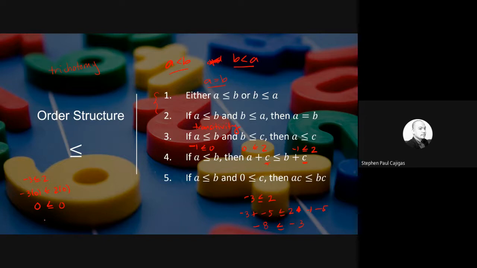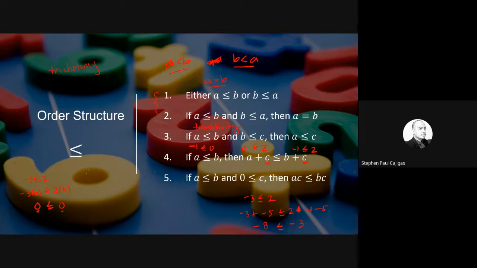If you remember the fundamental concepts of mathematics, when you have the or, it is enough that one of them is true. Either it is less than that is true, or it is equal that is true. So we see equal to, so we are admitting 0 is equal to 0.